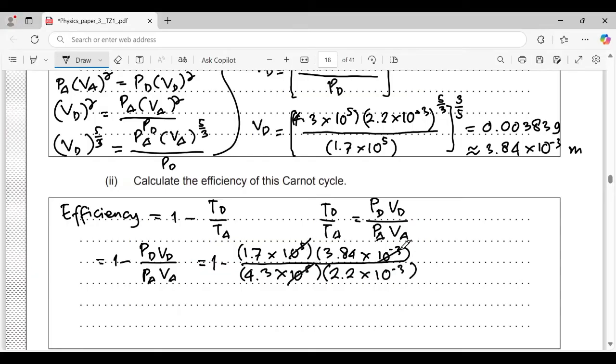If you calculate, you're going to find 1 minus 0.69, and the result is 0.31. In percentage, it is 31%.